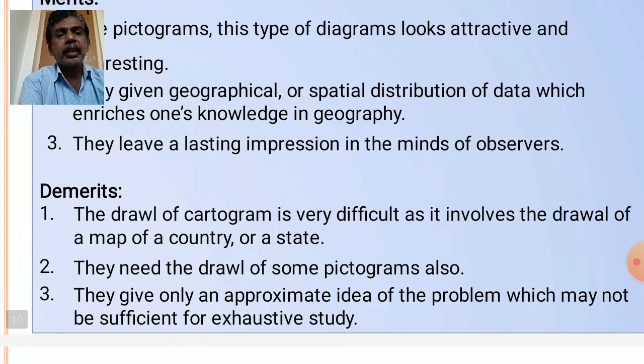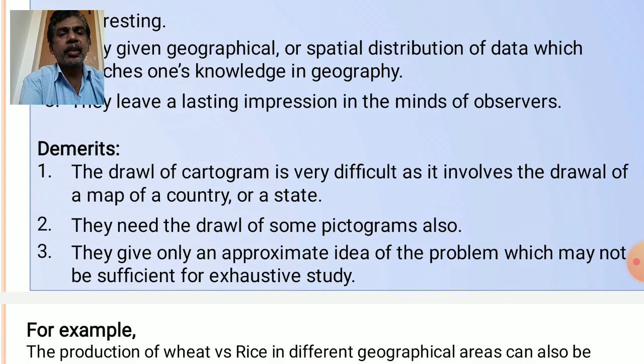Now, the demerits of the cartogram: the drawing of a cartogram is very difficult, as it involves the drawing of a map of a country or a state. It takes some effort and some risk to draw.